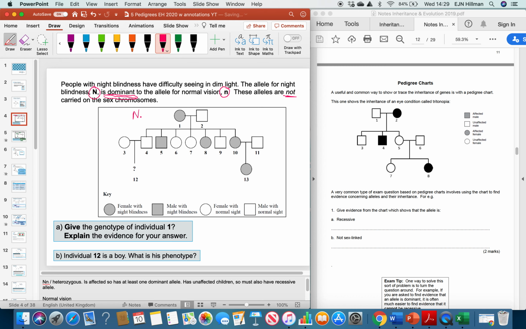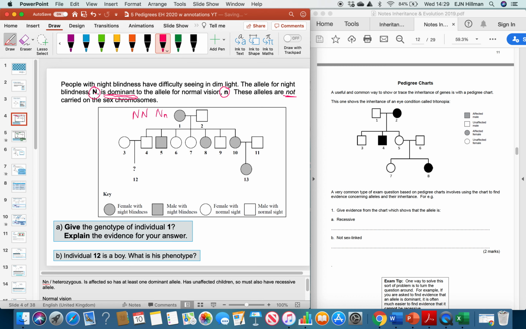She could either be homozygous for that dominant allele, or she could be heterozygous. So we need to use the pedigree diagram to determine what number 1's genotype is. It's just a bit of detective work using this pedigree diagram.